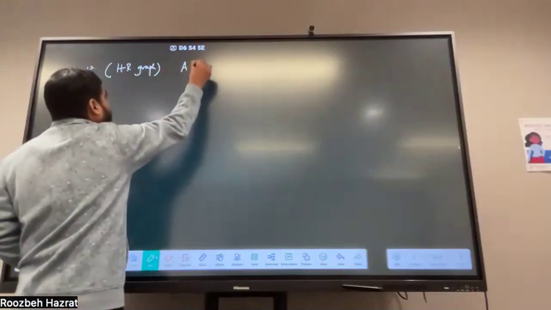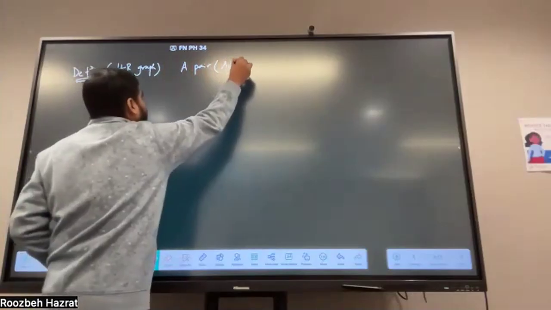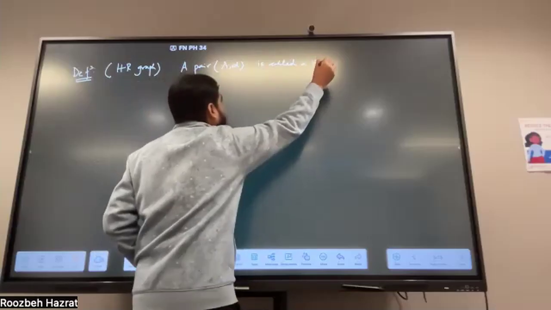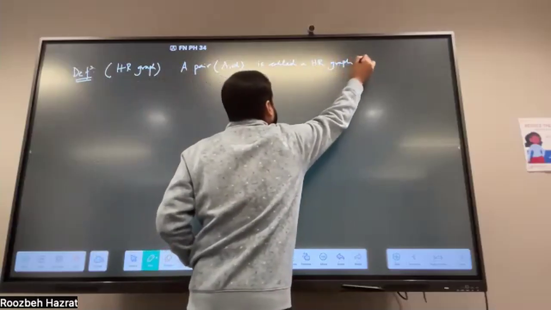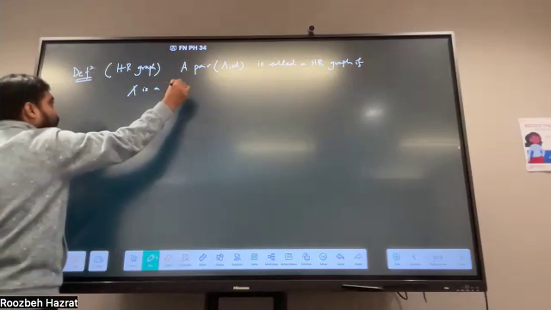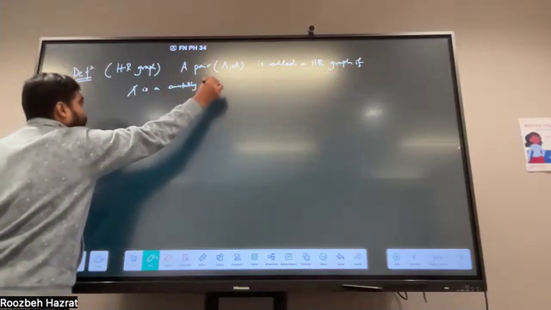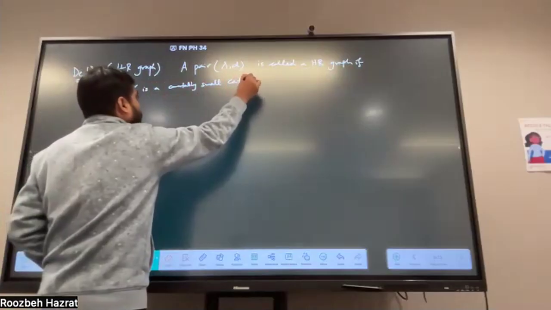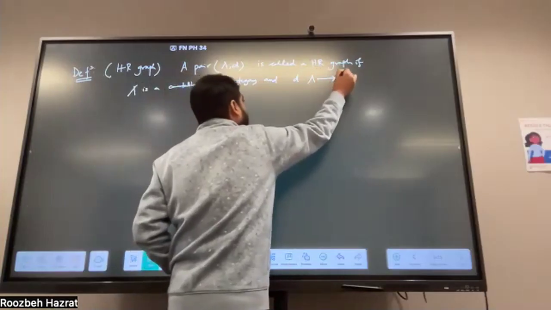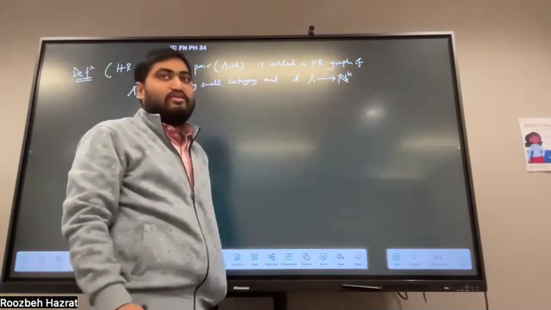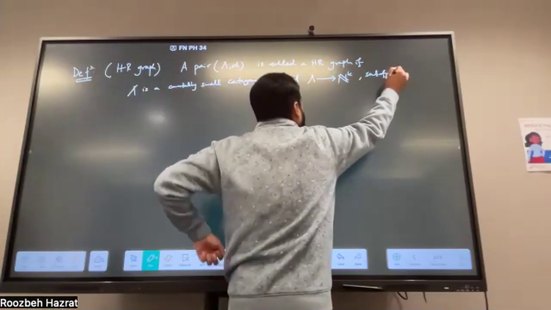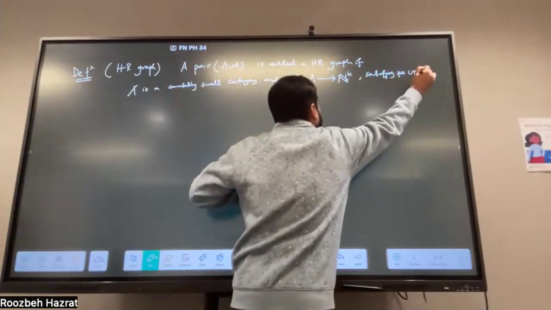A pair (lambda, d) is called a higher rank graph, or k-graph, if lambda is a countable small category and d is a functor from lambda to this monoid category N^k, satisfying the unique factorization property, UFP.